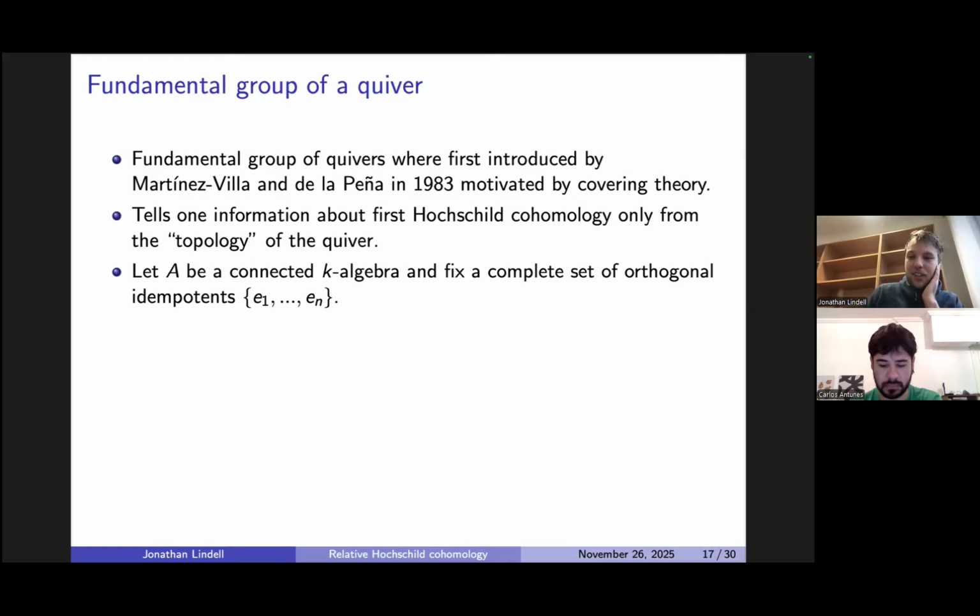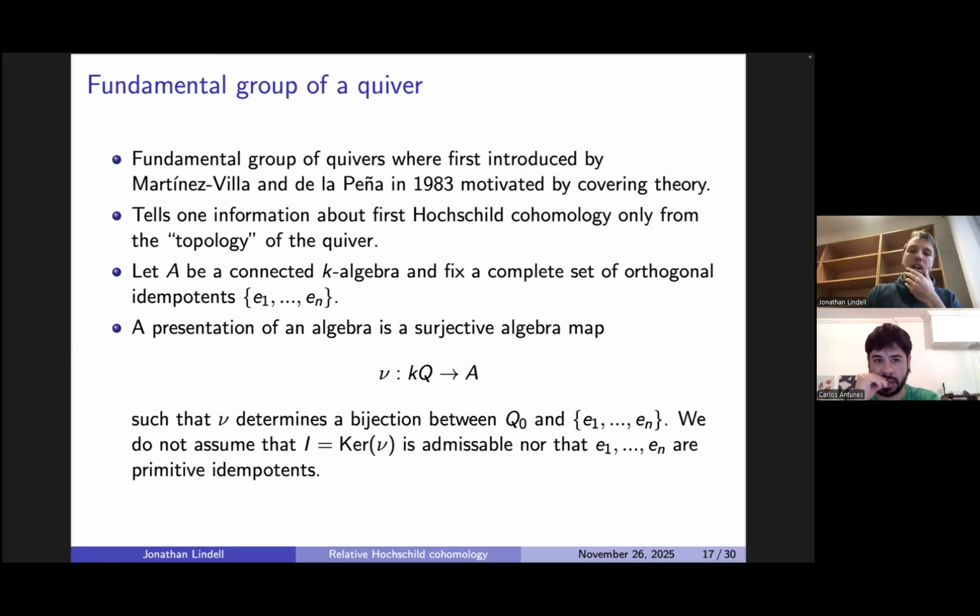And then we fix a complete set of orthogonal idempotents, e_1 up to e_n. And then a presentation of an algebra, by this we mean a surjective algebra map from some path algebra of a quiver to A, such that we get a bijection between the idempotents and vertices in our quiver.